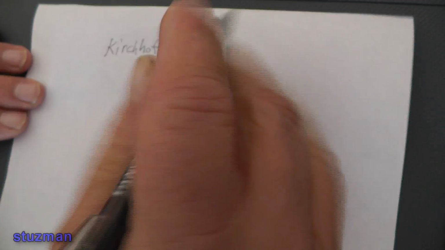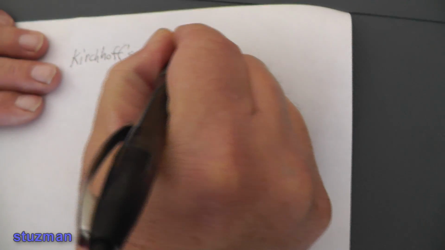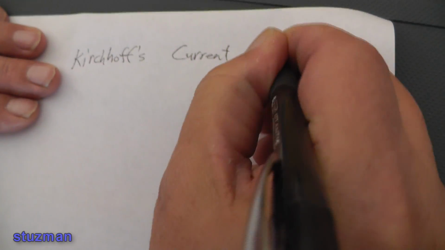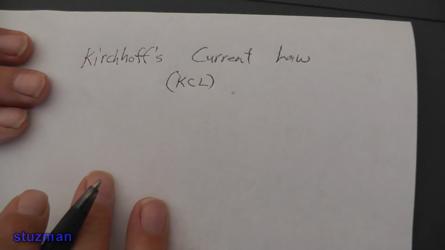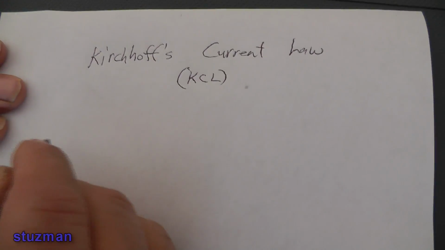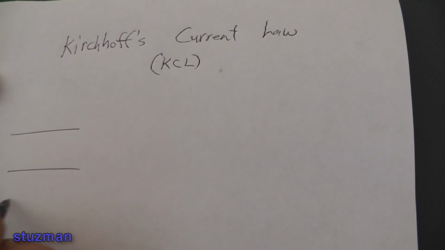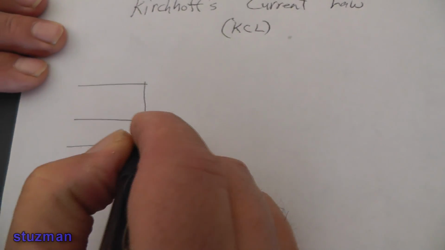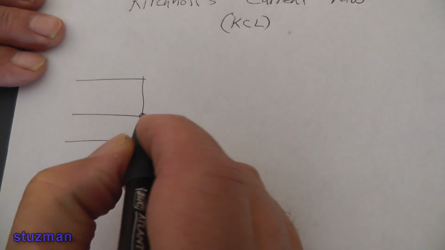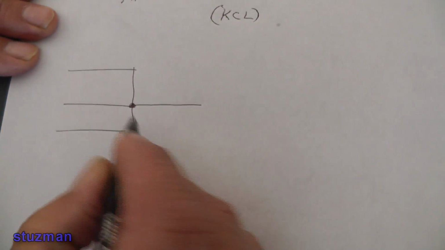Alright, before we go out to the car, let's talk about Kirchhoff's current law. Sometimes you'll see that as KCL. And here it is just in a nutshell. Let's say that I had multiple currents, and now let's say they're coming into a node or a splice. Let's say this is on a car.